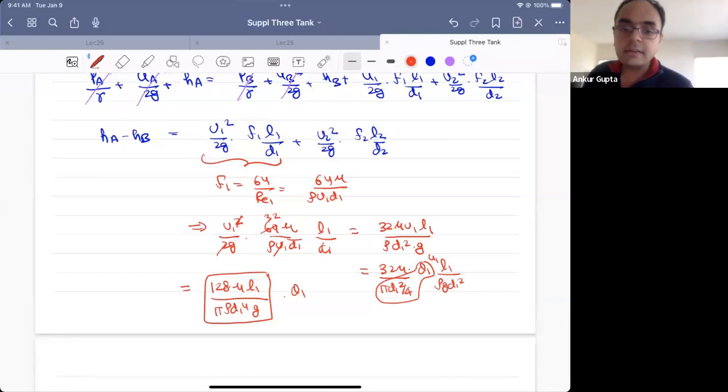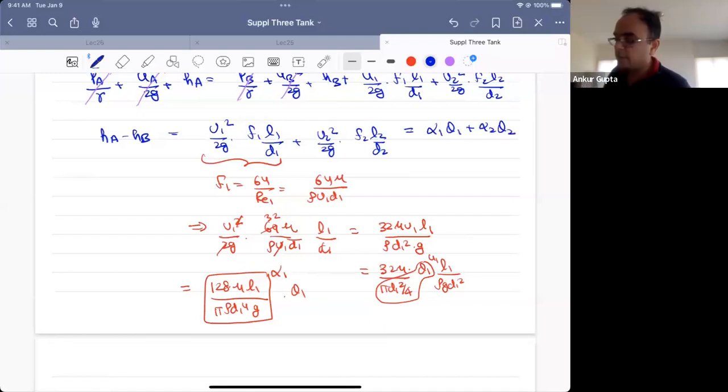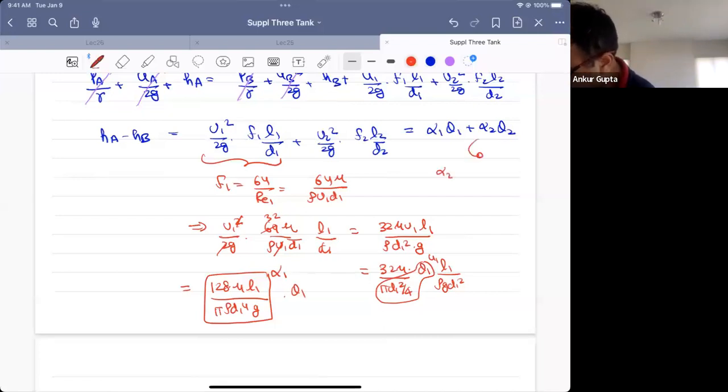As you can imagine, for the laminar flow in pipe 2, I'll just replace L1 by L2, D1 by D2, and so on. So I'm writing this as alpha 1 Q1 plus alpha 2 Q2. This is the main factor here, where alpha 2, just so that everybody is clear, comes out to be 128 mu L2 by pi D2 to the power of 4 g.